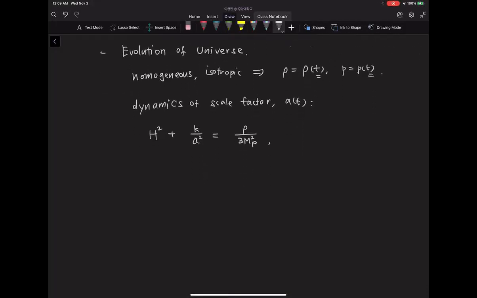And here H squared is, as I said before, the Hubble parameter squared. And this k is the curvature. So k equal to +1, -1, or 0. And this M Planck is nothing but one over 8 pi G, where G is the Newton constant.